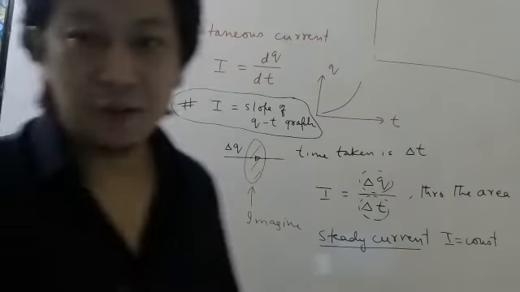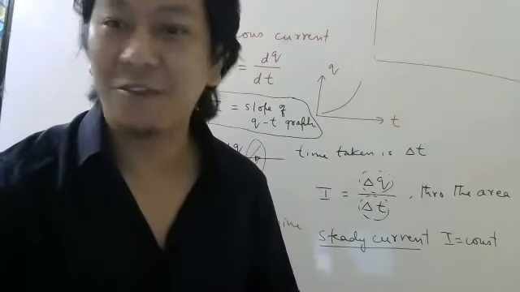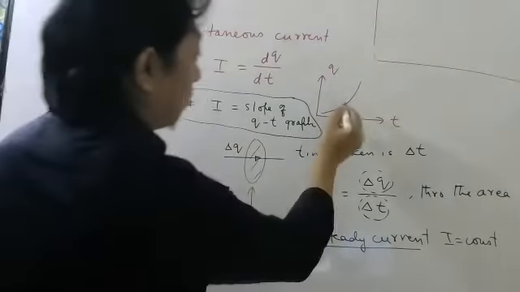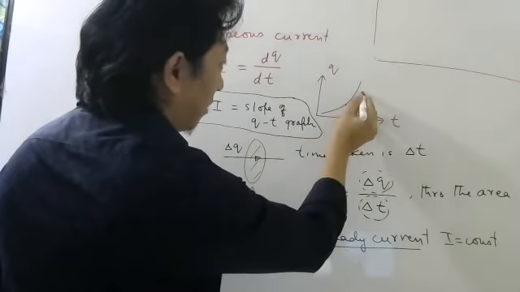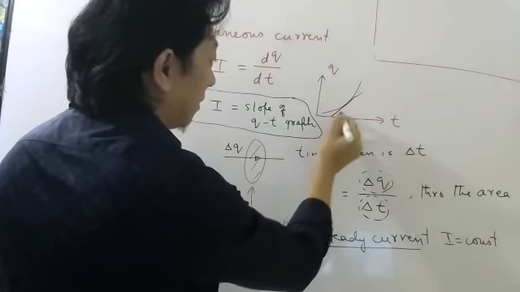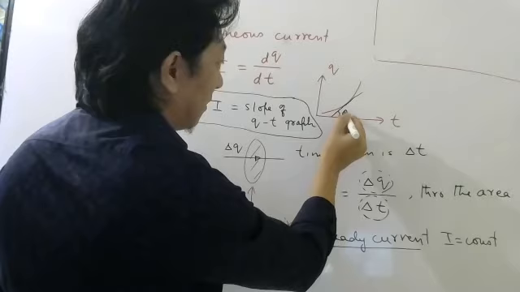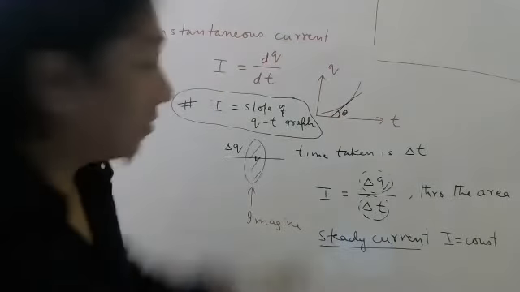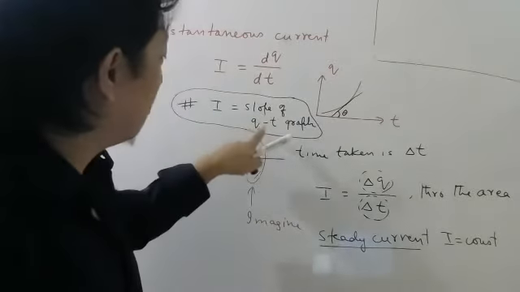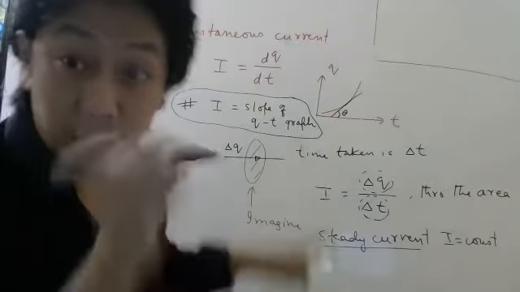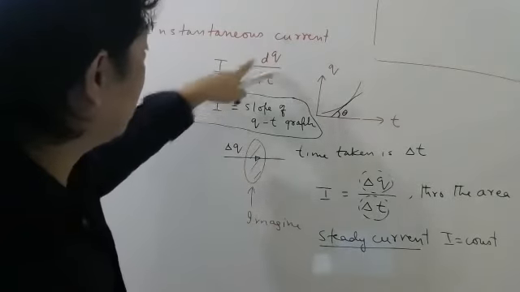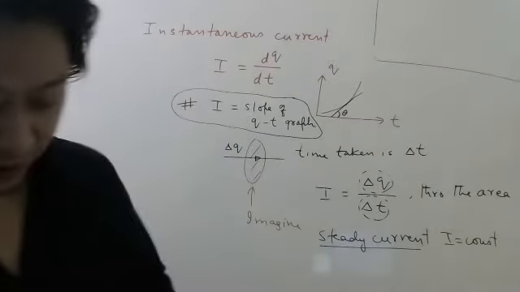You already know dy by dx is the slope of the y-x graph. So if you want to know current at this point, you just draw a tangent, then calculate this angle theta. Then tan of that angle will be the slope of the charge time graph, which will be current, because current is dq by dt.